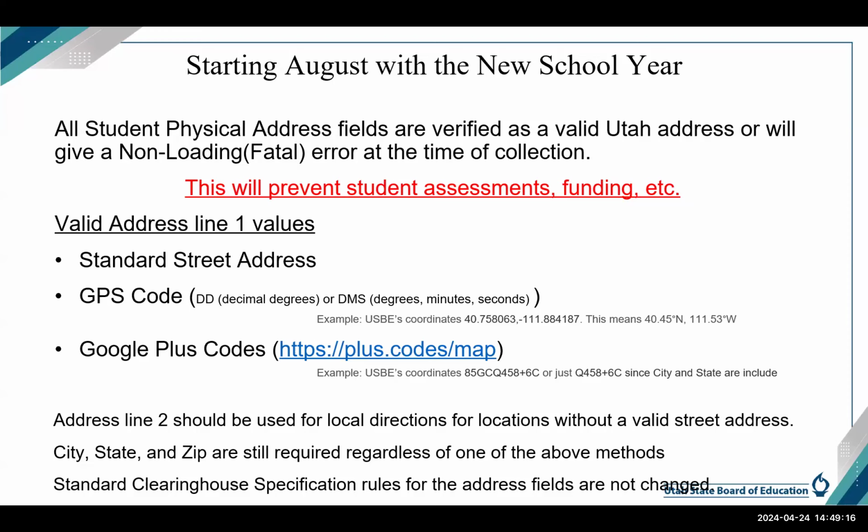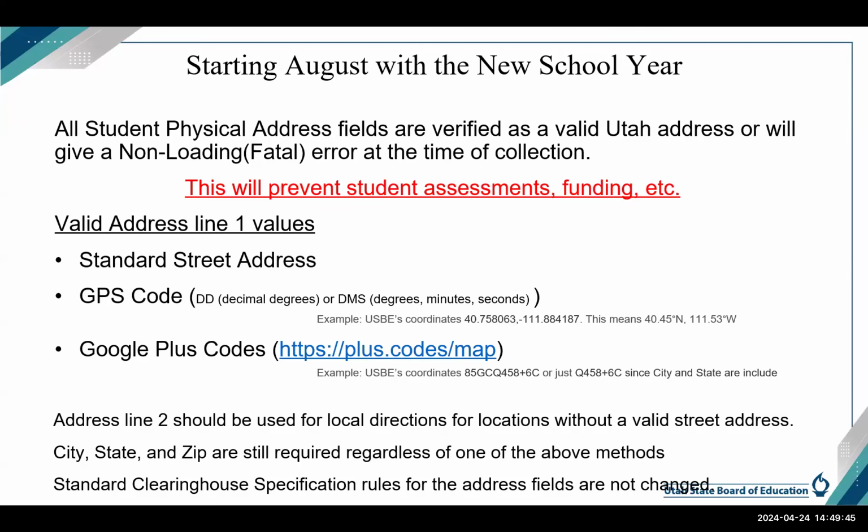Any other questions? Okay. So some of what I've got here, again, is a little bit of reference. Showing what we believe are the two common types of referencing a GPS code, which again, if we get feedback that it needs to be a different way, we can work with that as we get the inconsistencies figured out.